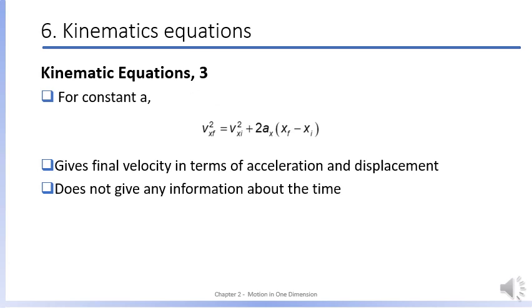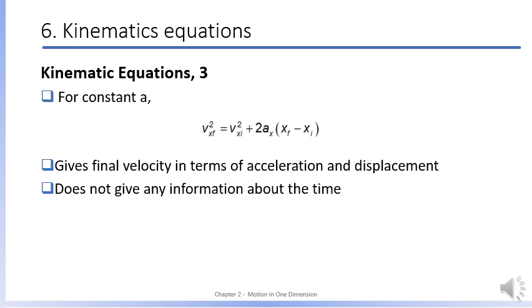And the third equation is an equation not depending on time. It gives us the final velocity in terms of acceleration and displacement, where xf minus xi is the displacement.